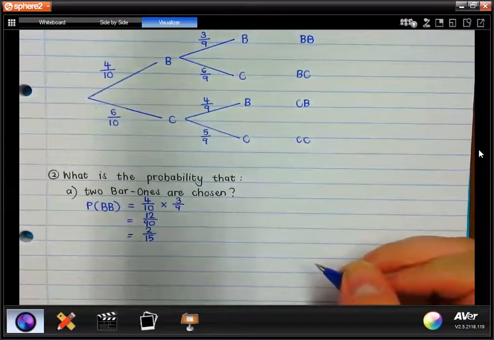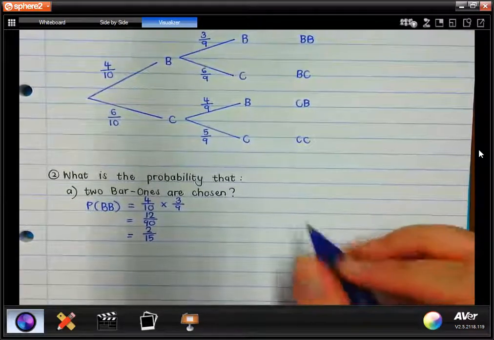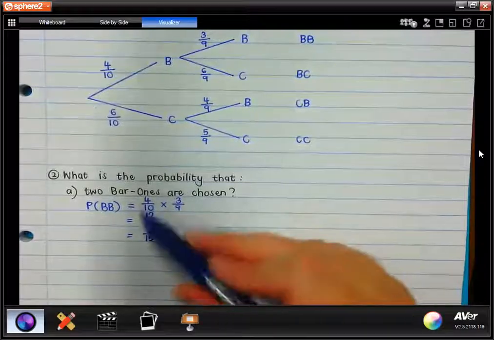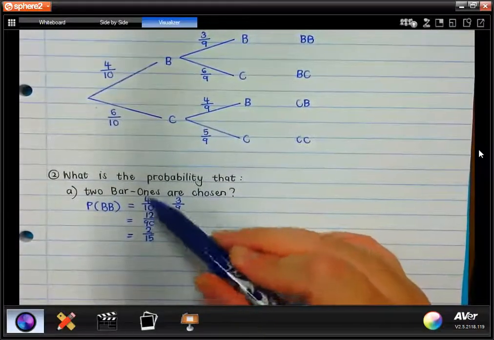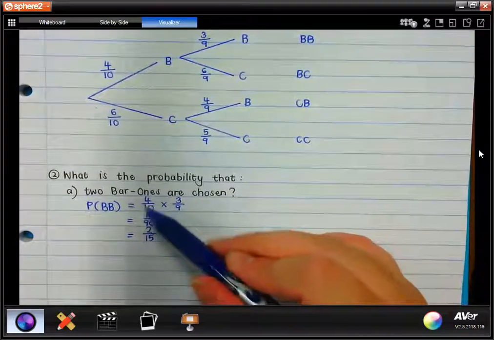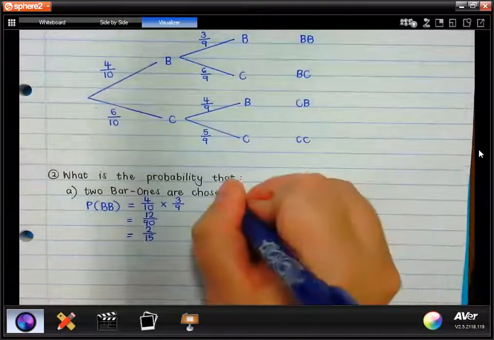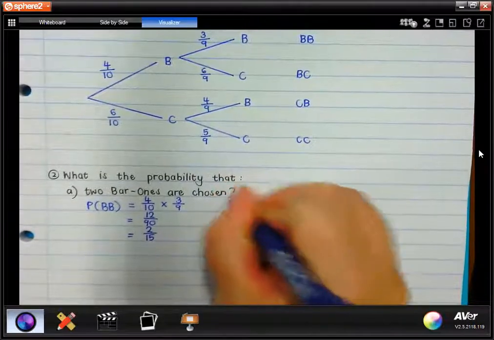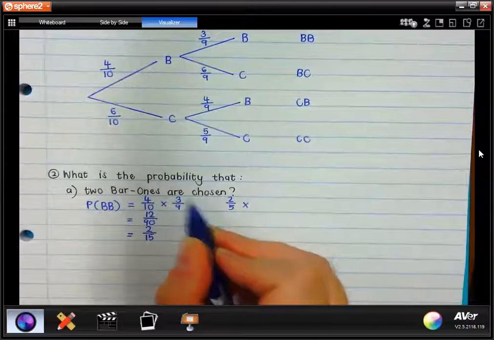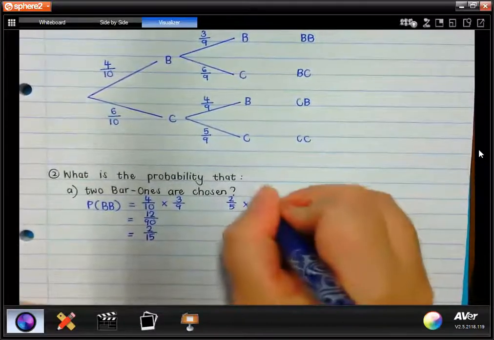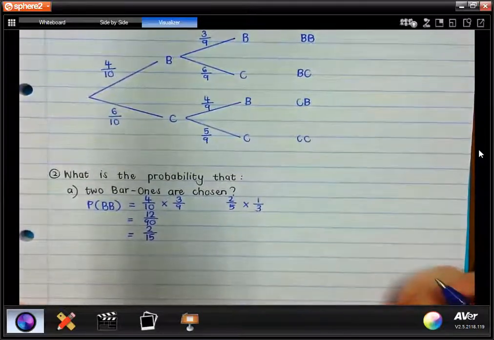Or you could have cross-cancelled at the beginning. All right, not actually cross-cancelled. You could have just simplified each of these ones, because 4 over 10 is actually what? What's 4 over 10 if you simplify it? 2 over 5, hey? So this is actually 2 over 5 times, and what about 3 over 9? Is there a number that goes into 3 and 9? 3, hey, it will give you 1 over 3.